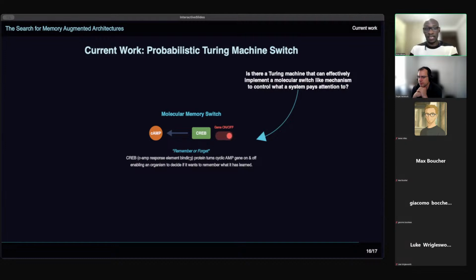And I'm using the idea of adaptive evolution to search for rules that can effectively implement that. That's interesting. And I guess the idea of a probabilistic Turing machine, correct me if I'm wrong, the first thing that comes to my mind is you have all these transition rules.